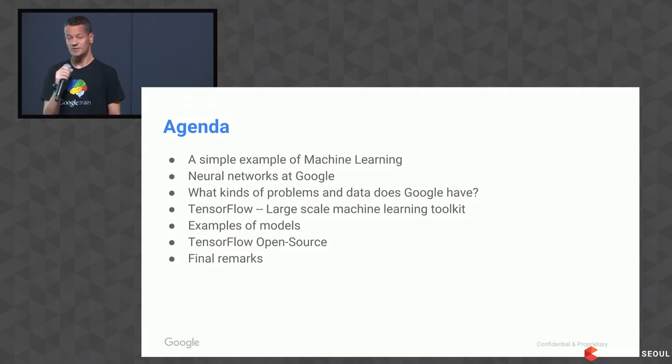I have some examples of models, what you can do with them, what types of models exist. Then we'll talk a little bit about TensorFlow open source. This is our open source offering that we launched in November 2015, just about 6 months ago. And I have some final remarks.